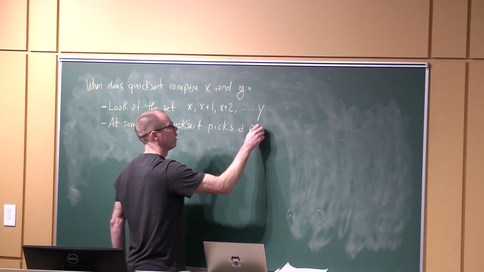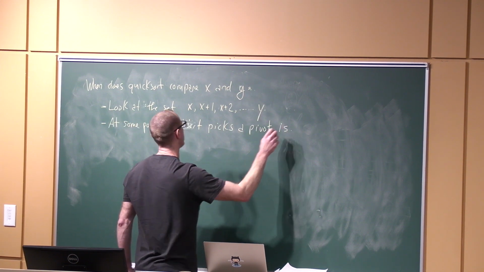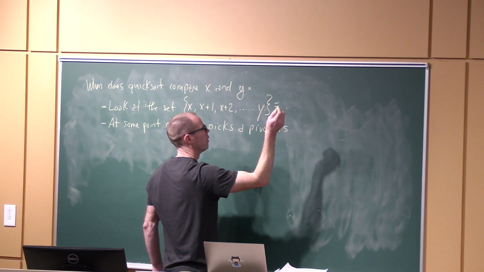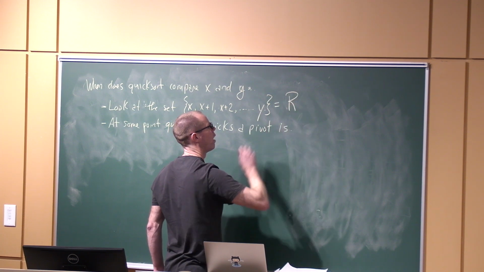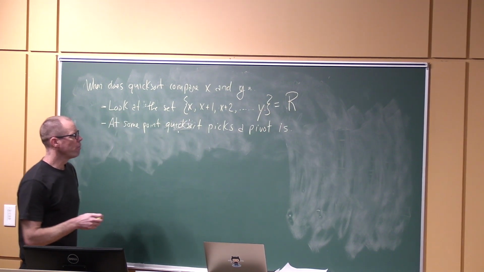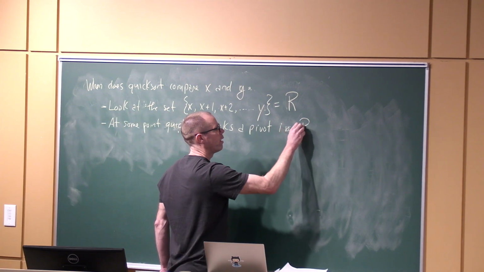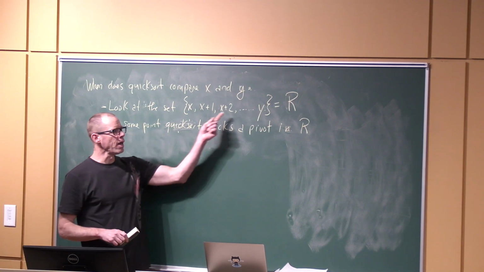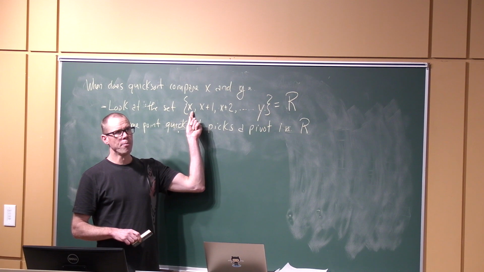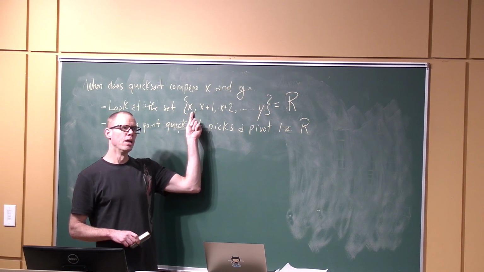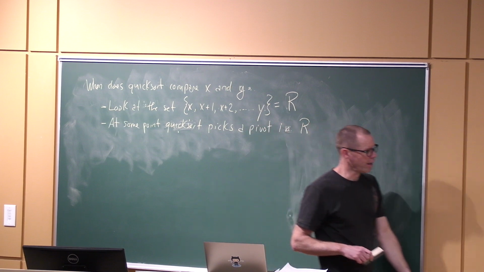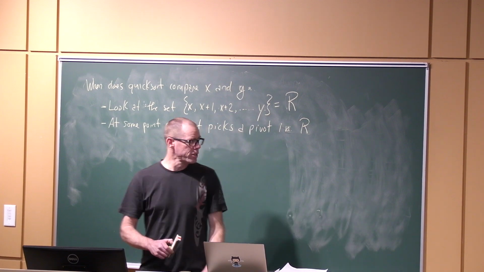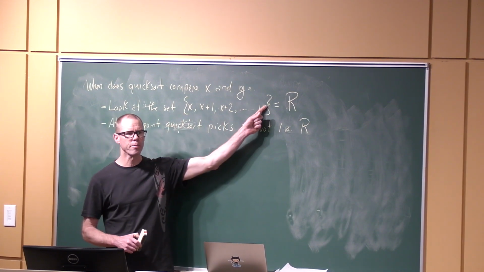Let's give this set a name. I don't know, R for range. Eventually this range is of length bigger than or equal to 2. And so quicksort always picks a pivot if the length of the range is bigger than or equal to 2. So at some point, there's a first time when quicksort picks a pivot that's in this set.